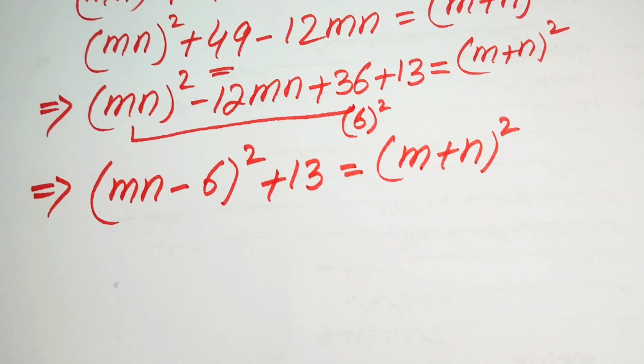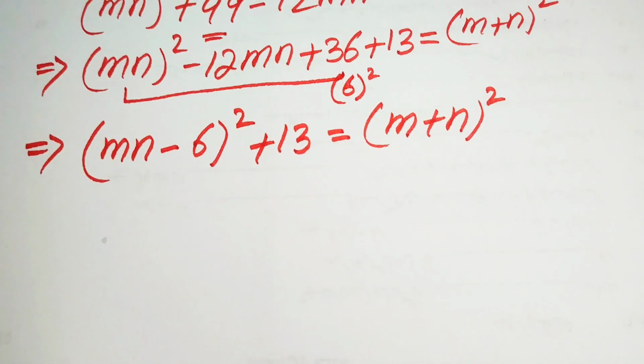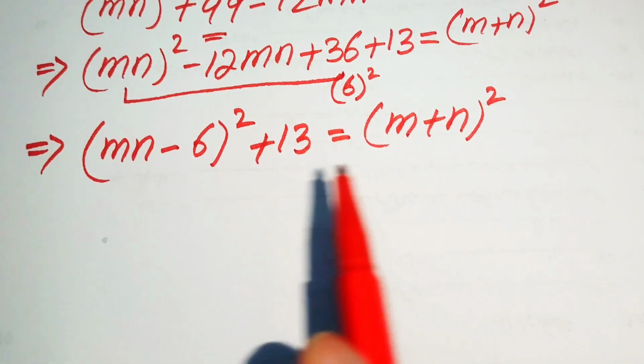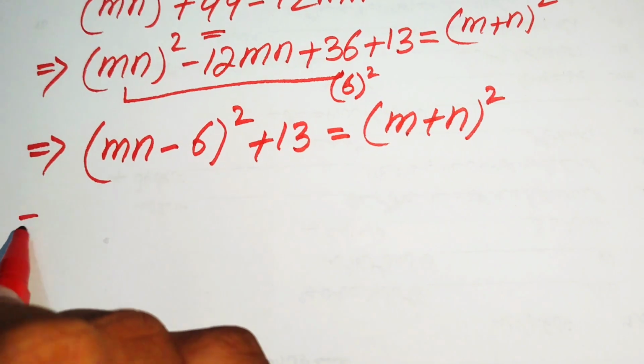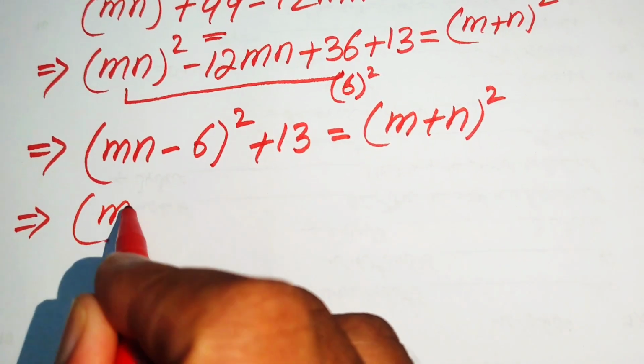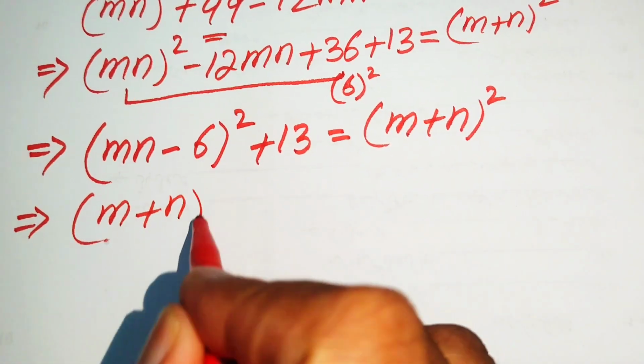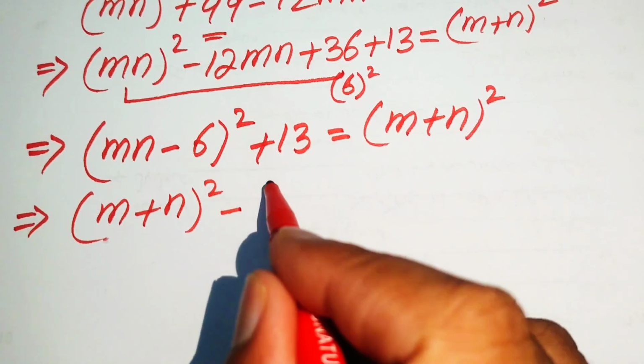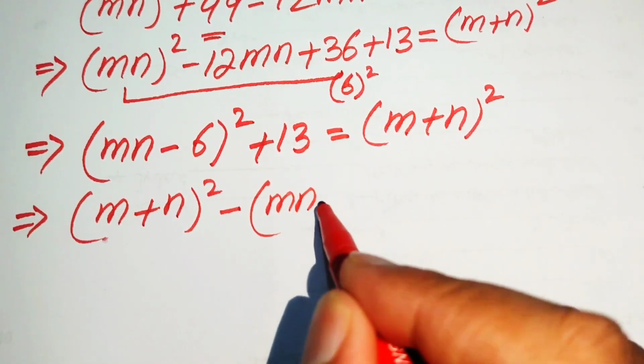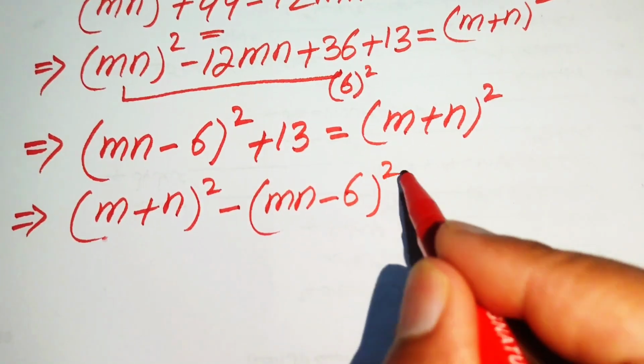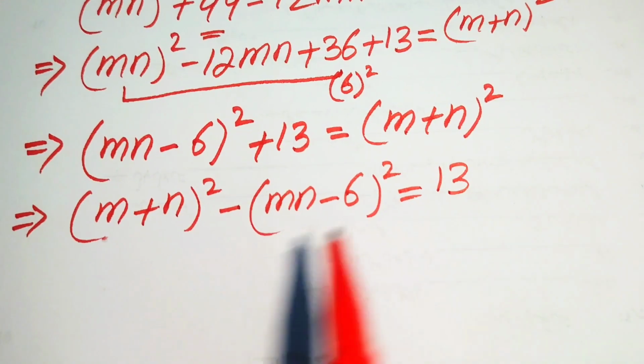So now in the next step we just move this term to the right hand side, and it will be written as (m plus n) whole square minus (mn minus 6) whole square is equals to 13.